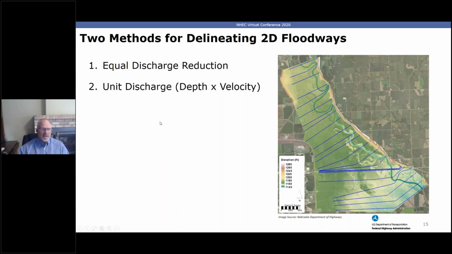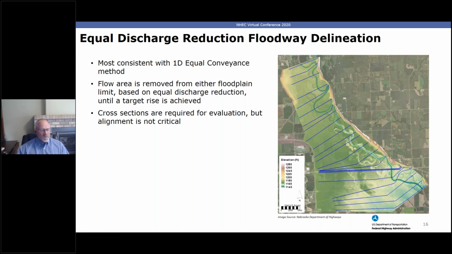Now let's go ahead and move into the methods that we proposed for delineating 2D floodways. First of all, there's the equal conveyance reduction method, and then there's also the unit discharge method. The equal conveyance reduction method is most consistent with the current 1D modeling conveyance approach.